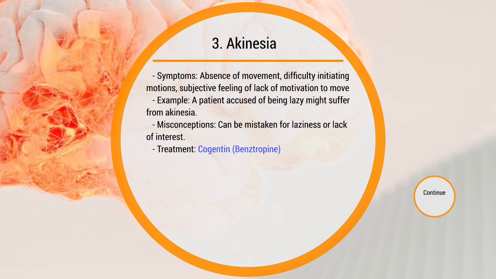So it could be mischaracterized as laziness or, in fact, lack of interest. What are you going to give? Cogentin. So Cogentin for akinesia, Cogentin for akathisia, and Cogentin for acute dystonia.